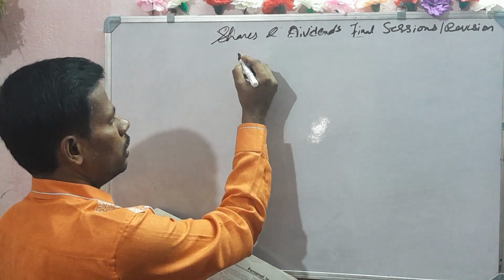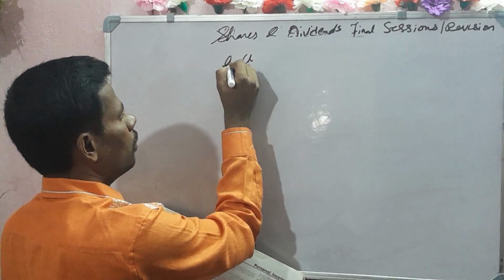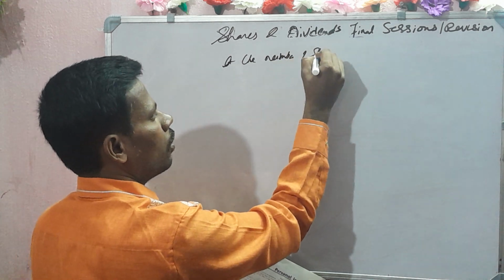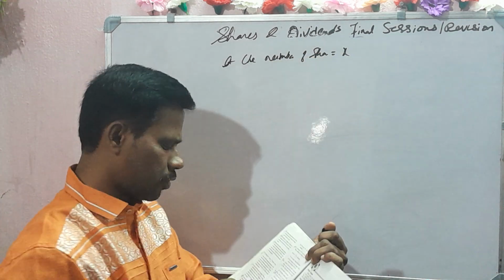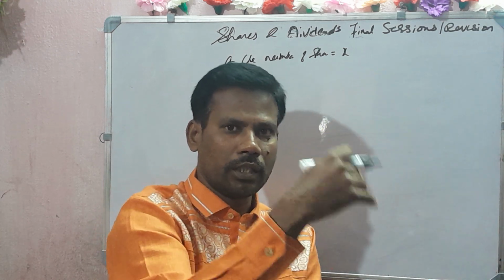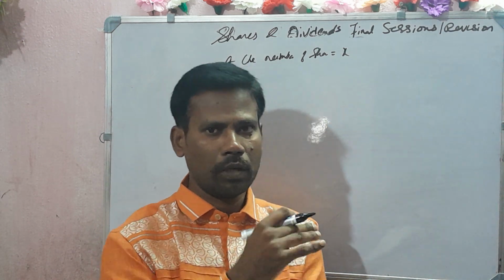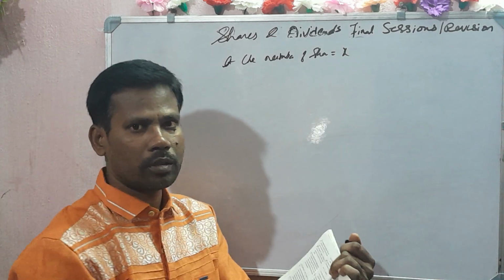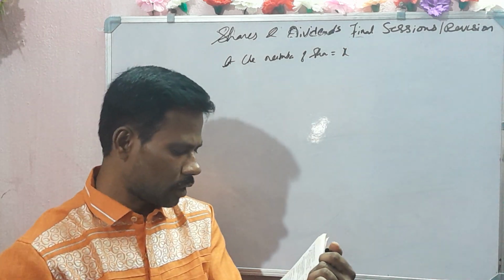Let the number of shares be x. First I will write the given condition, then I will explain the question and the solution. Already I told this is the final session and the problems are a little bit difficult.